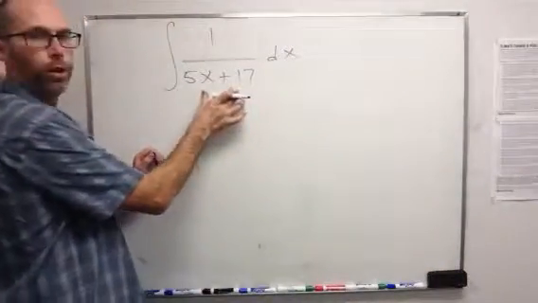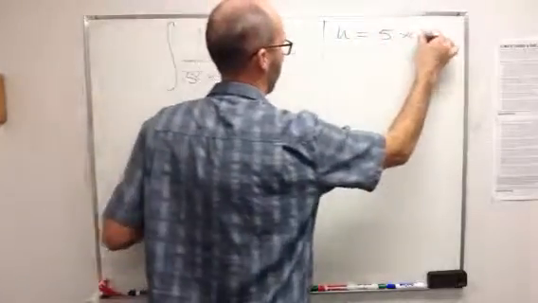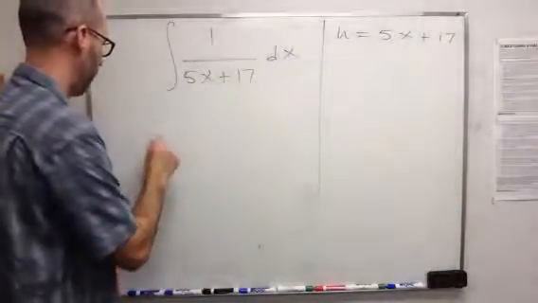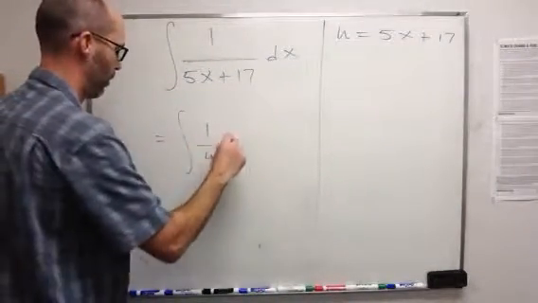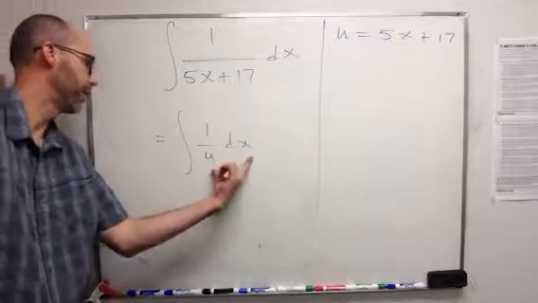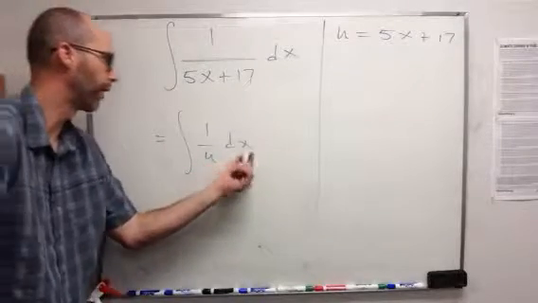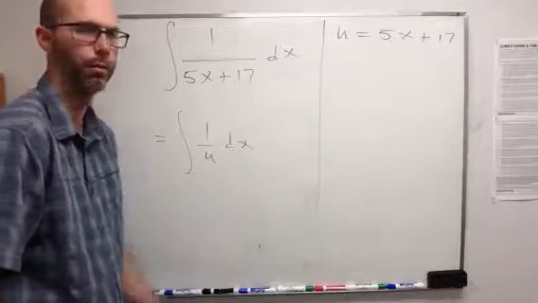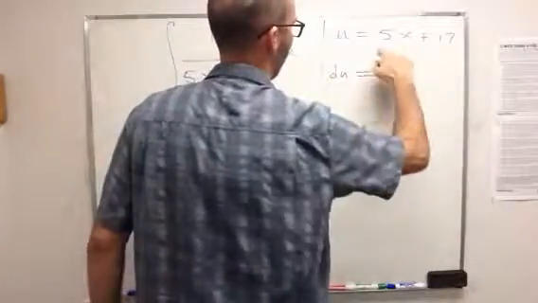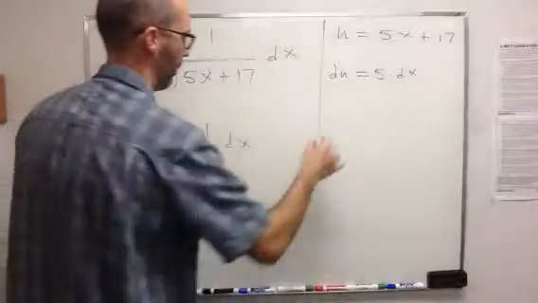Let's substitute a u for the thing that's throwing us off. Now these variables are different, so we can't take the antiderivative of 1 over u with respect to x. We need to transform this guy a little bit. So du, the derivative of 5x plus 17, is 5 dx.